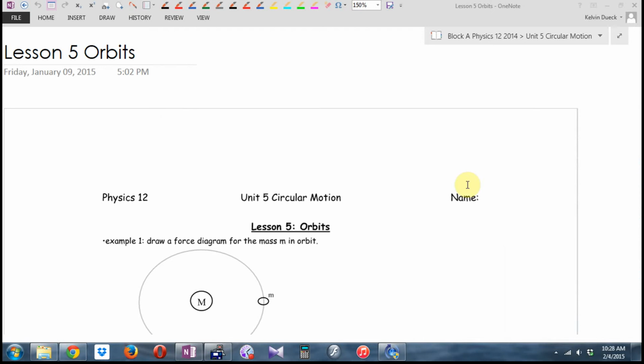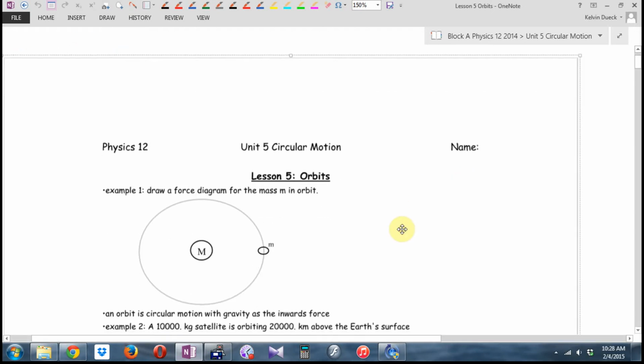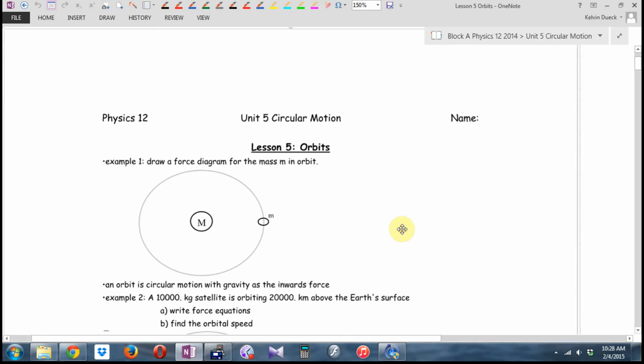Orbits. Hey, rocket science. Here's a picture of mass little m. Let's pretend it's a satellite. And it's in orbit around a planet, big M. Draw the force diagram for the mass. What are the forces acting on this object? I can say get the obvious one, but please be very careful. Which way is gravity?